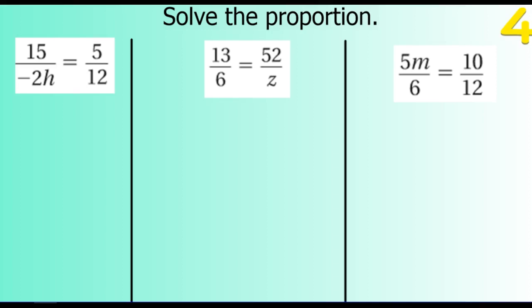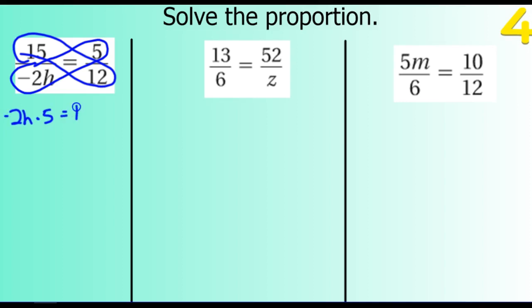Last three. What we're going to do here is cross multiply because we've got proportions again. Negative 2h times 5 equals 15 times 12.